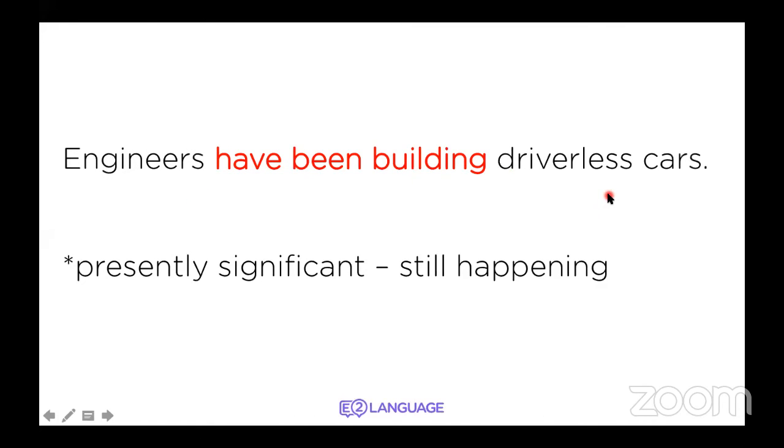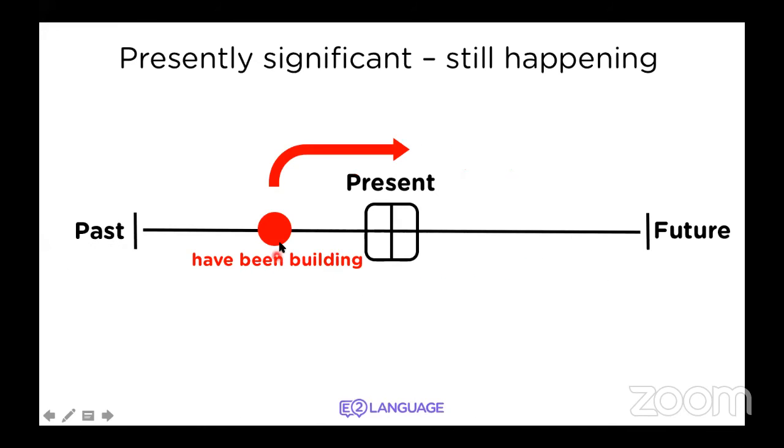Engineers have been building driverless cars. It's presently significant and still happening. So it works like this. It happened in the past, but it's still relevant in the present. It's presently significant and it's still happening. So they're going to do it tomorrow, next week, maybe three years from now. They still will be building new cars. So they have been building driverless cars, have been building, but it's going to be ongoing.